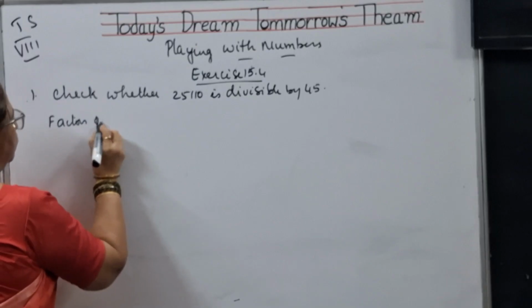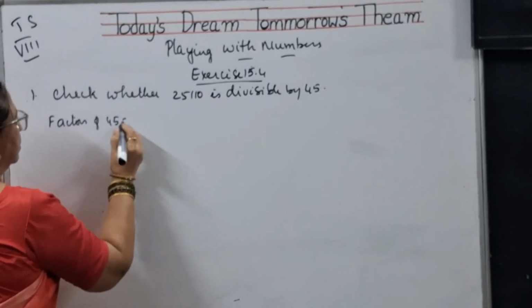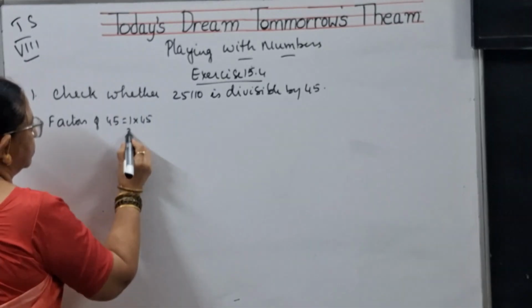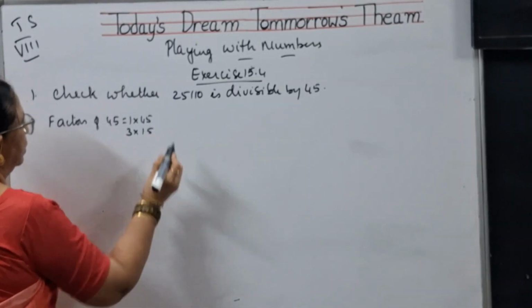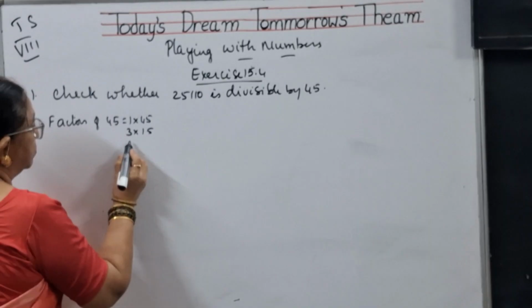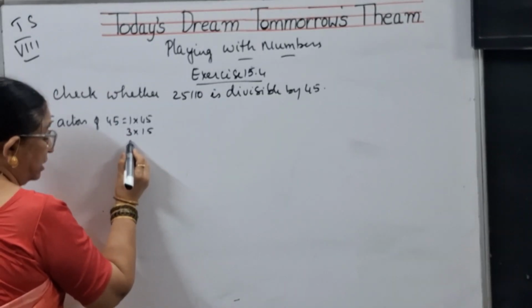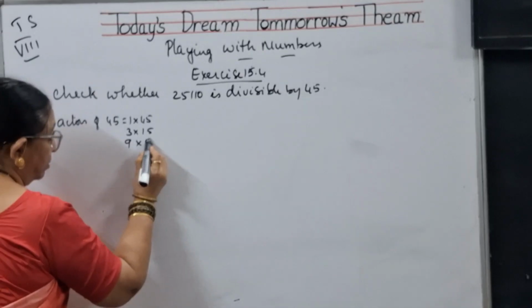Factors of 45 are 1 into 45, then 3 into 15, and then 5 into 9, 9 fives are 45.